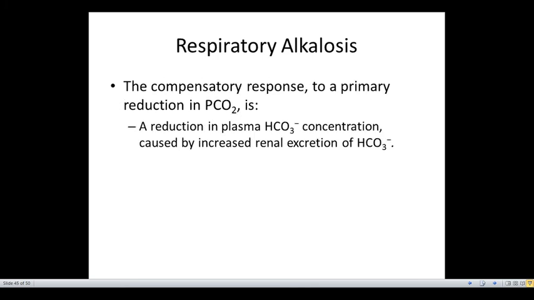Therefore, the compensatory response to a primary reduction in partial pressure of carbon dioxide is a reduction in plasma bicarbonate concentration caused by increased renal excretion of bicarbonate ions.